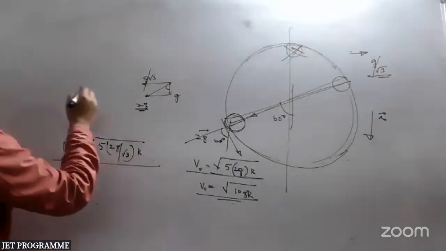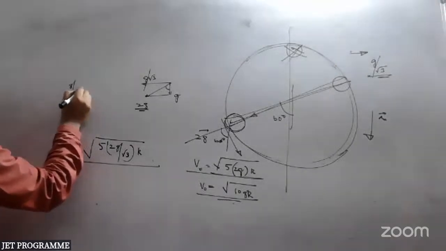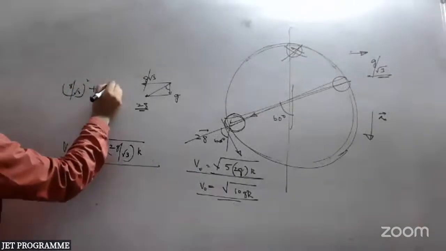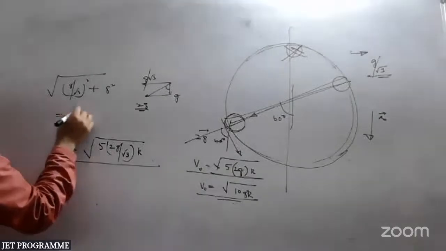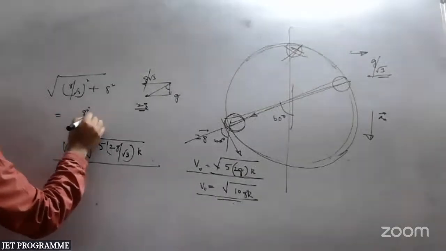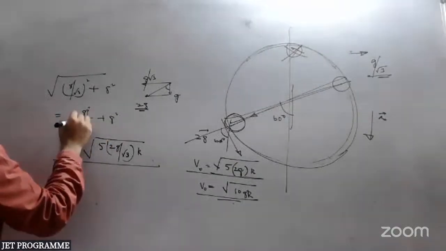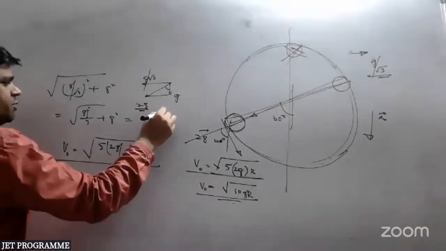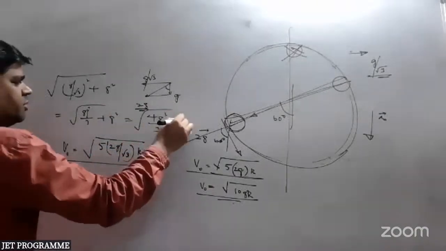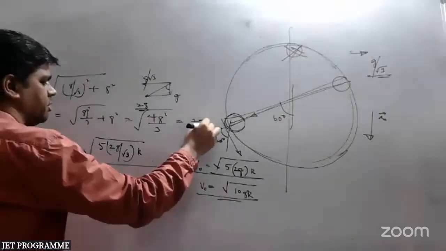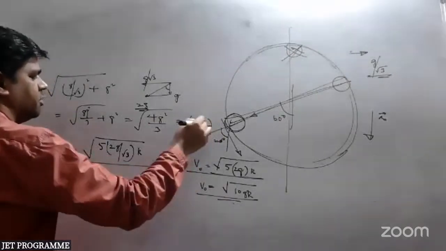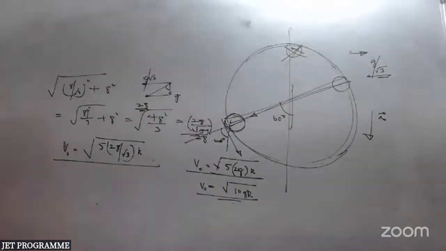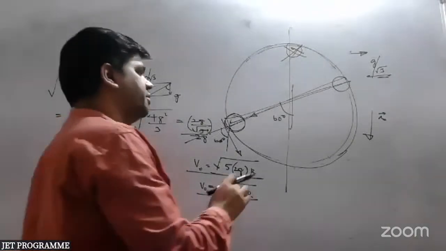This square plus this square under root: g by root 3 whole square plus g square under root, which is g square by 3 plus g square under root, which is 4g square by 3 under root, which is nothing but 2g by root 3. So 2g by root 3 is the magnitude of the effective acceleration. Direction is at an angle of 30 degrees with the vertical.